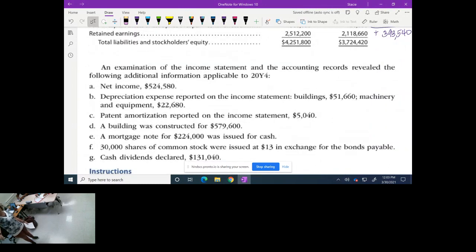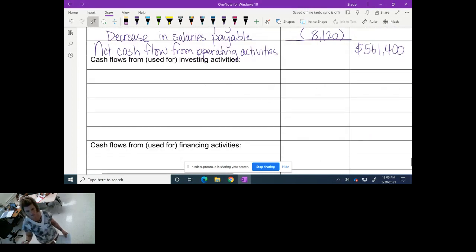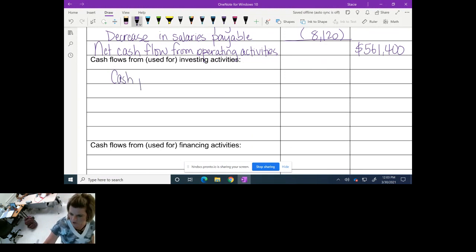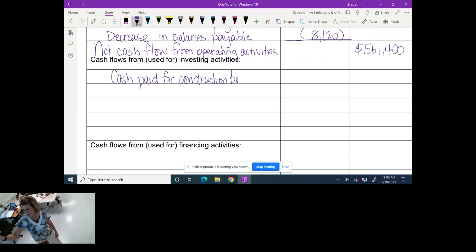We had a building constructed for 579.6. Okay, so we're gonna say cash paid for construction of building. I guess this is the best descriptive way.